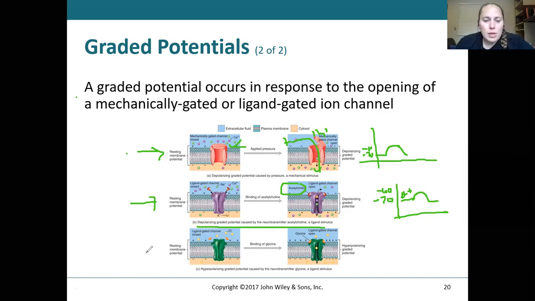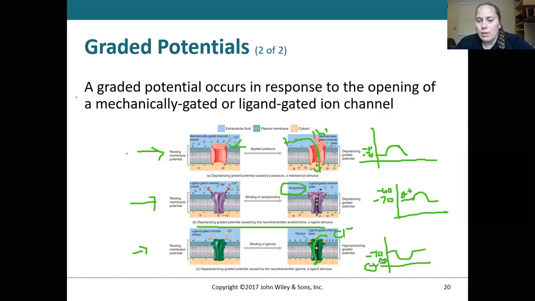Next, we have a hyperpolarizing graded potential caused by the neurotransmitter glycine. This is a different neurotransmitter. What it does is allow chloride to come in. So you've got your little cell hanging out at -70, more negative ions come in, and because of that you're going to become more negative and then return back up.